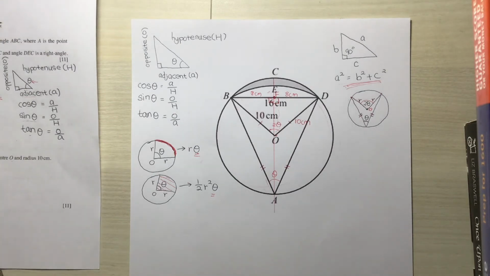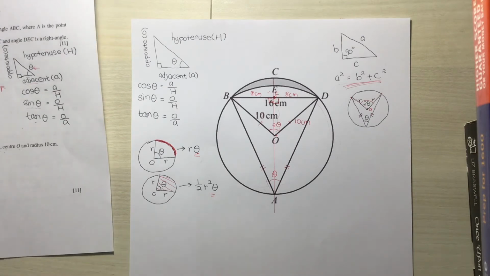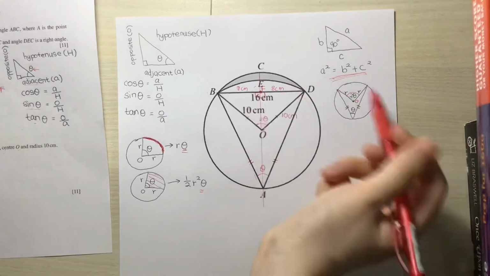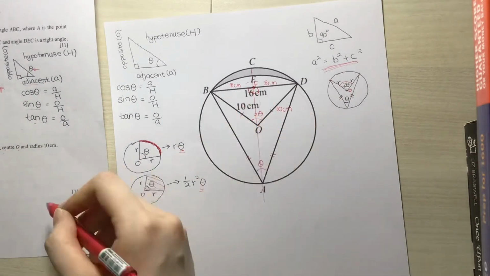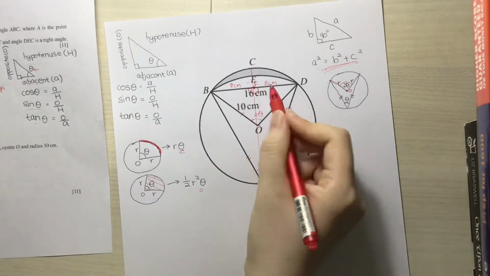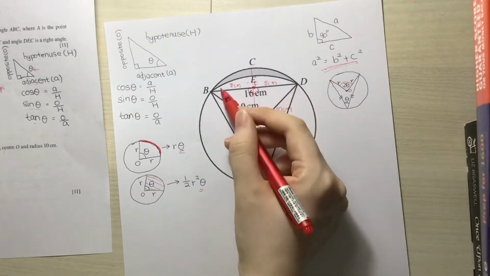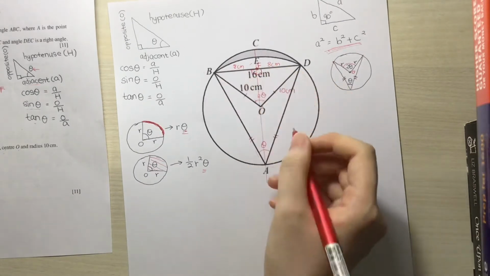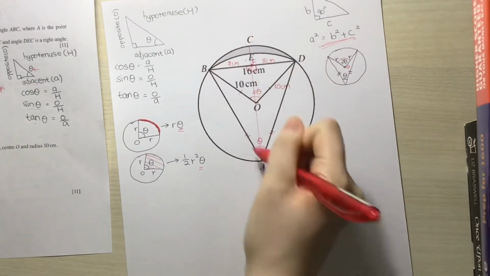So all I wanted you to understand is how to read this diagram, and after you know how to read this diagram and how to divide it up, you'll be able to solve it, basically. I believe the second part is actually not a problem, because if you read the question carefully, you can easily tell that these two lines are basically the sectors of two circles. One circle with radius 10, another circle with radius AB.